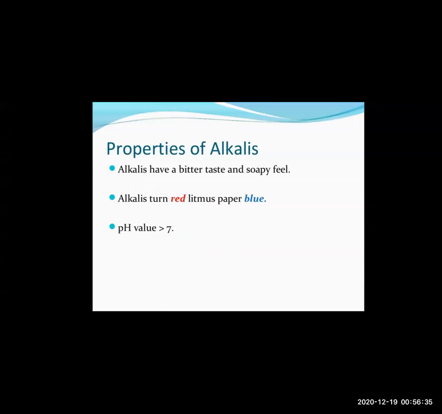Now, what are the properties of alkalis? They are bitter in taste. I told you acids are sour in taste, and alkalis are bitter in taste, and they have a soapy feel, meaning how you feel the soap, that much they are soapy to touch.